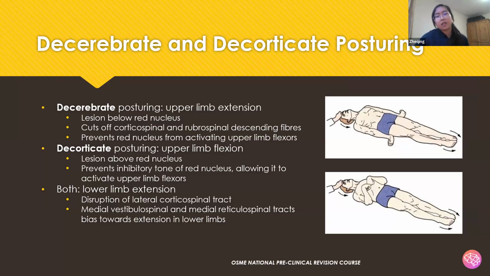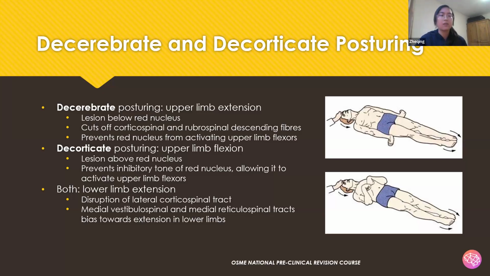So if you have a lesion that's below the red nucleus, you get upper limb extension because you are cutting off the corticospinal and cerebrospinal fibers, and therefore it prevents the red nucleus from causing upper limb flexion. On the other hand, if you get a lesion above the red nucleus, you're preventing the inhibitory tone of the red nucleus, which then allows you to activate upper limb flexors. So you get this upper limb flexion, which is seen in the bottom image, and that's called decorticate posturing.